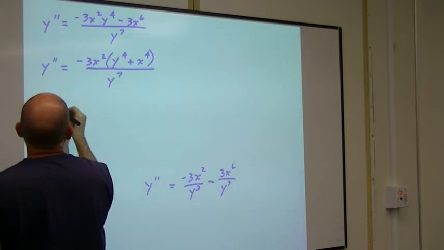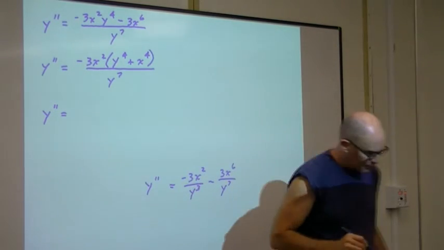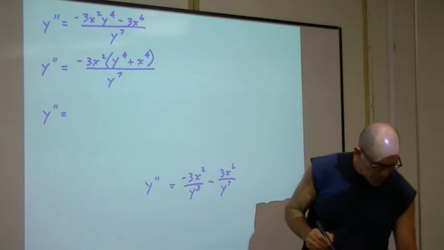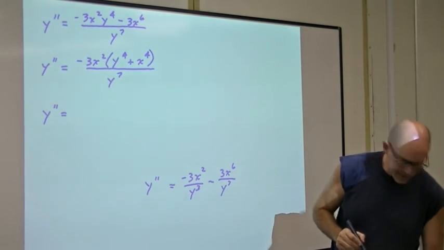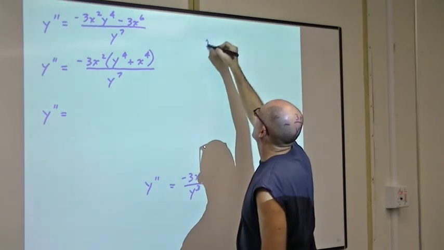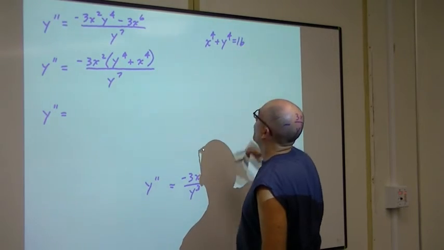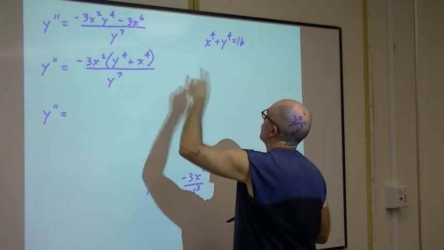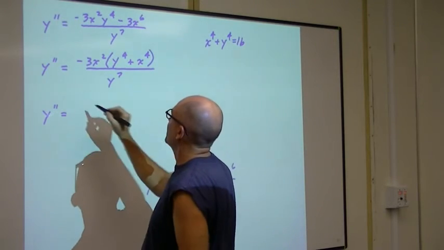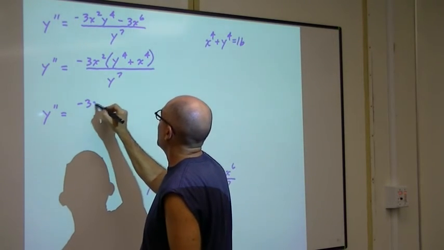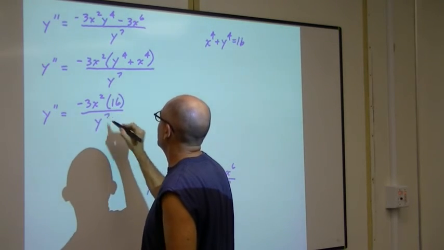Now, remember the original function was x to the fourth plus y to the fourth equals 16. That means y to the fourth plus x to the fourth also equals 16. So now we can just plug in a 16 there, so we have negative 3x squared times 16 all over y to the seventh.